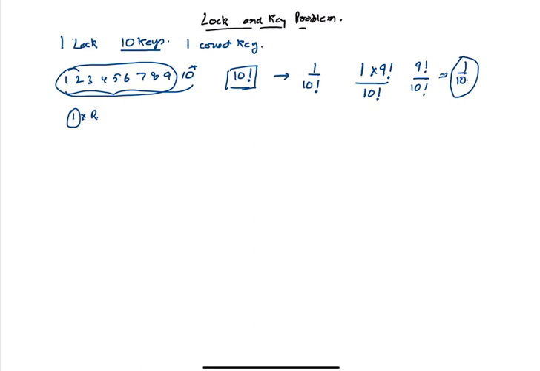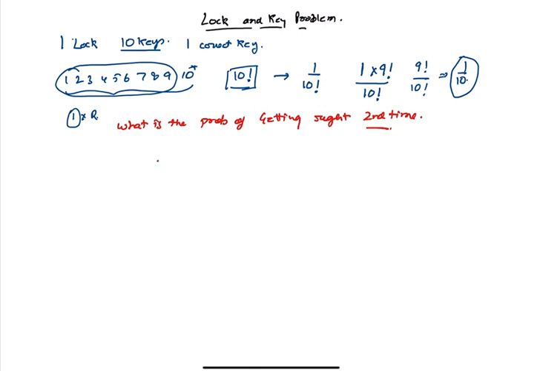But let's see what happens when you do not succeed in the first try. So now the question is, what is the probability of getting it right the second time? Here, the first key you pick is from any of the 9, but its position is fixed, it doesn't vary.